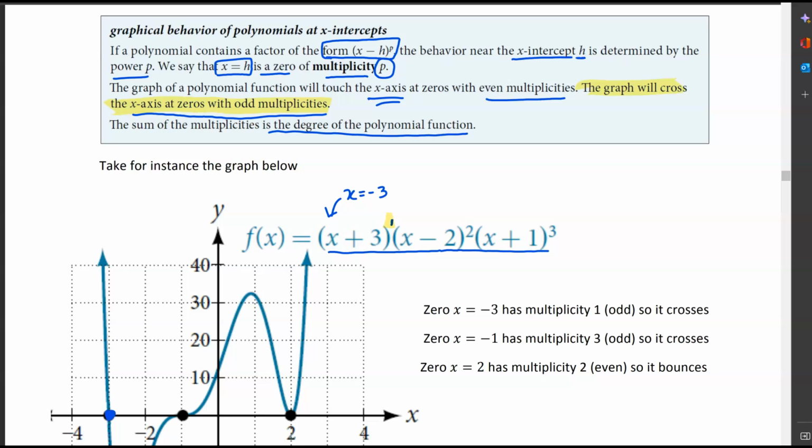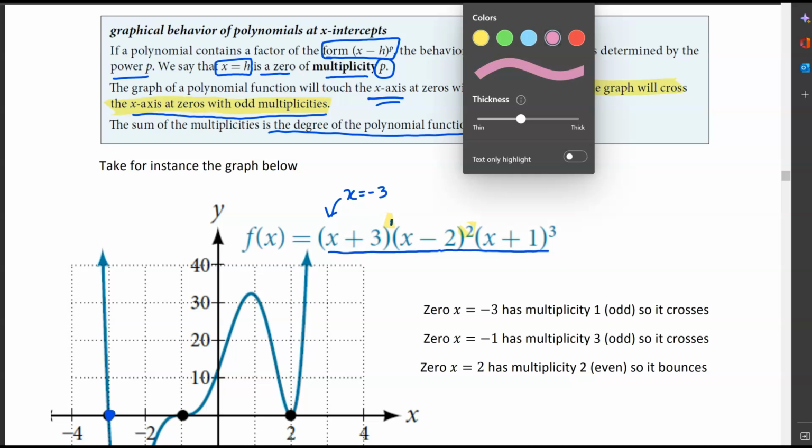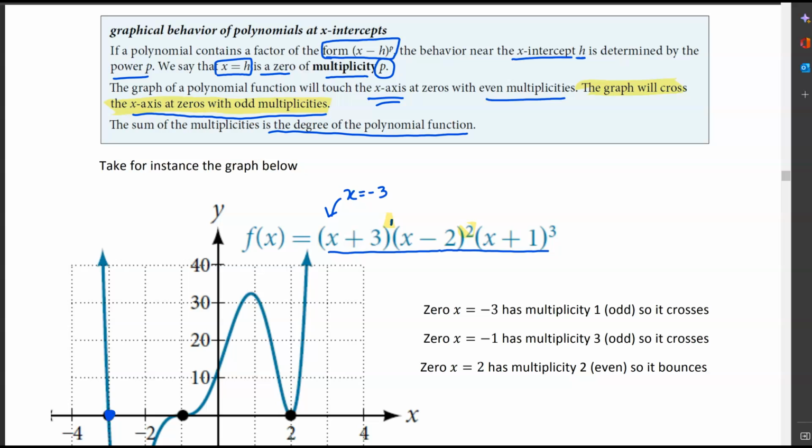Now the next one, x minus 2, has an even multiplicity. Since it's an even multiplicity, that's over here at 2. Notice how the graph comes down and then comes back up. So it's bouncing, it's touching at 2 because of that even multiplicity.